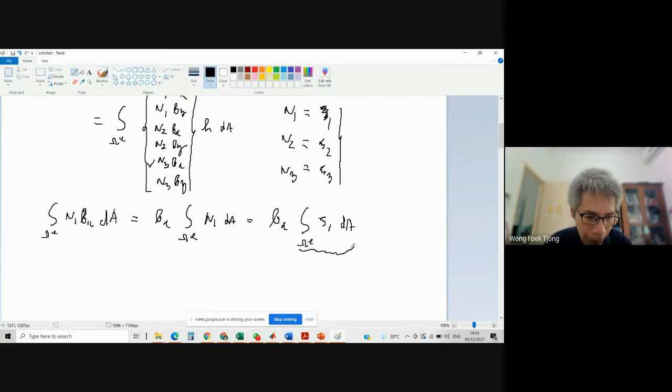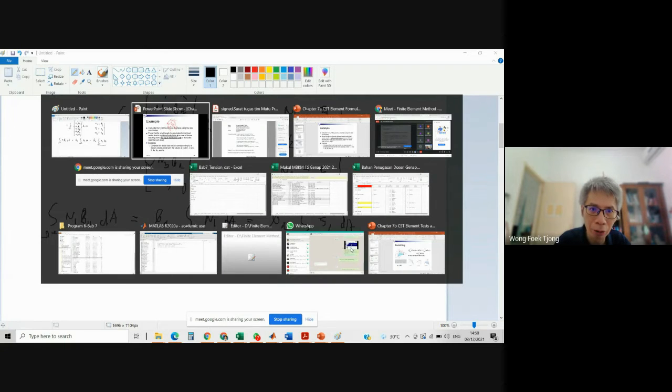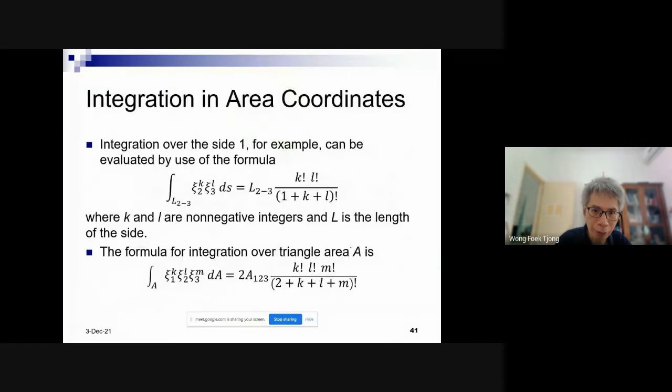Recall that last week, let me go back to the slides. Last week we talked about the integral formula, right? So which integral formula can we use? The first or the second? To integrate over the area, of course, the second, right? This one.